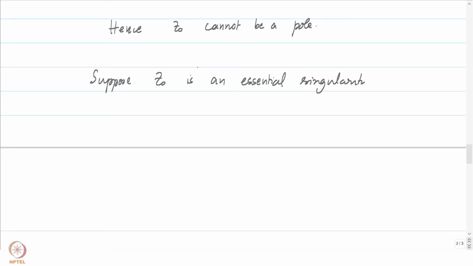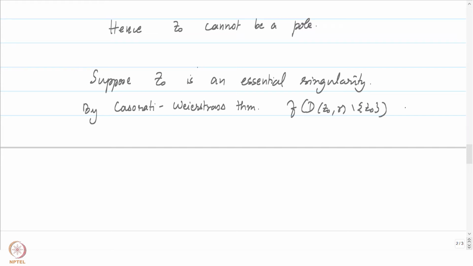Here we are going to use the Casorati-Weierstrass theorem. What did the Casorati-Weierstrass theorem tell us? By the Casorati-Weierstrass theorem, f of D(z0, R) minus z0 is dense in C. That's what it said, right? Let me recall the statement for you.